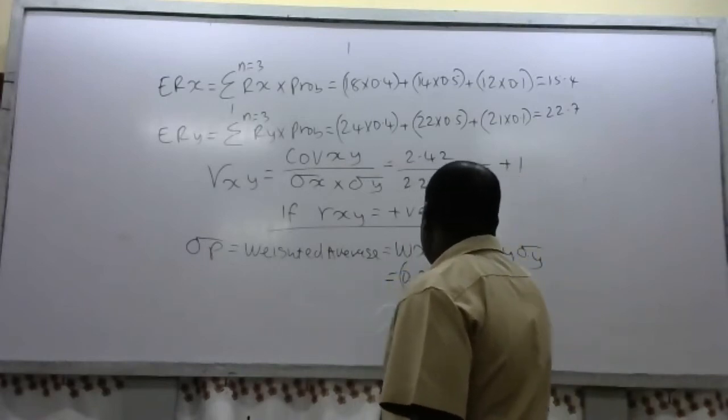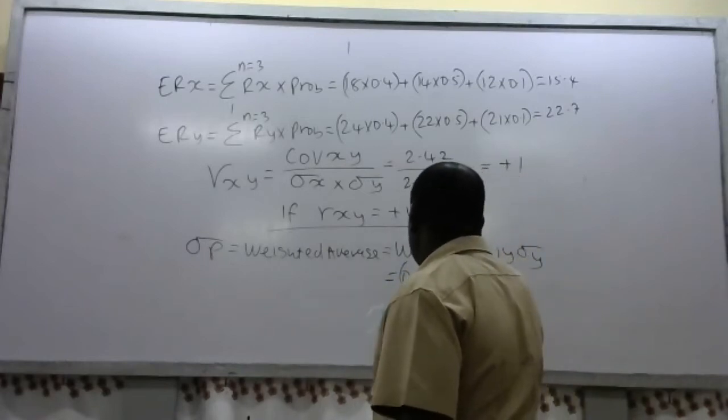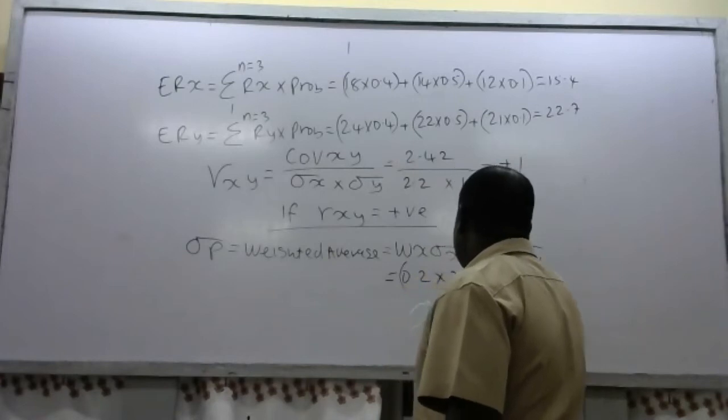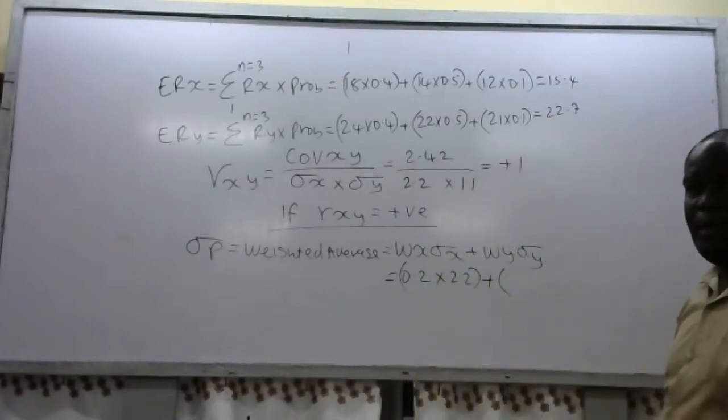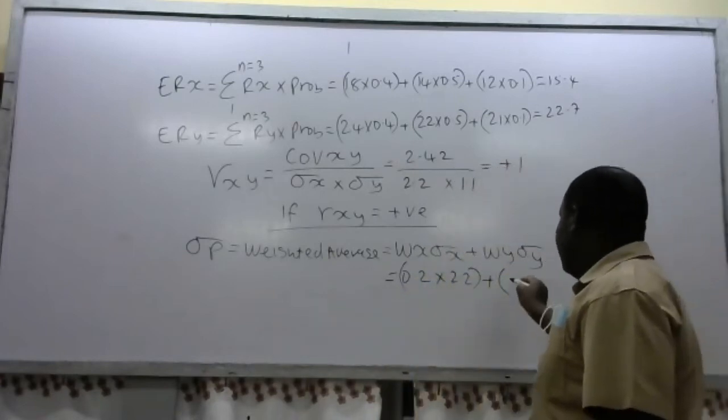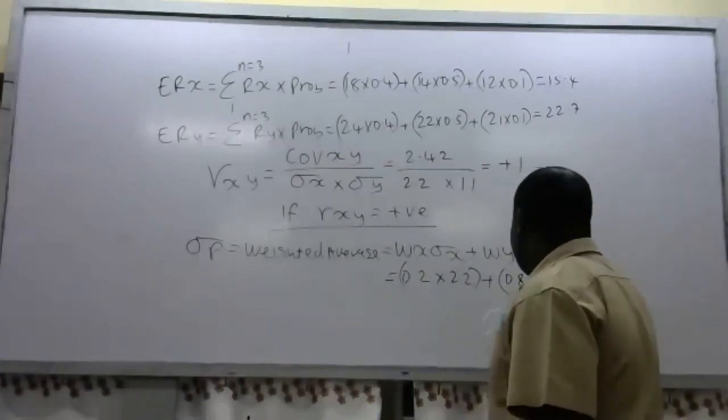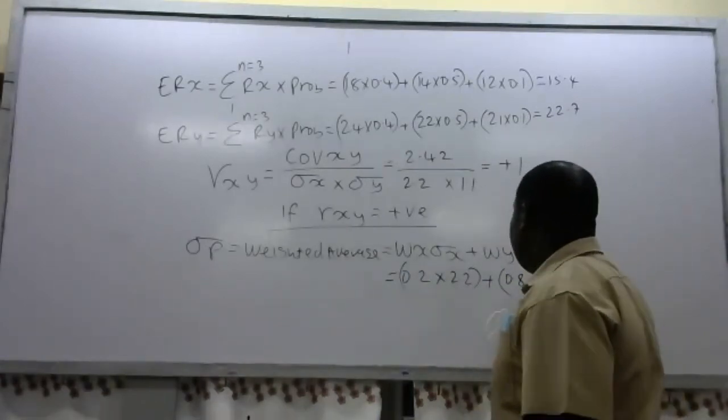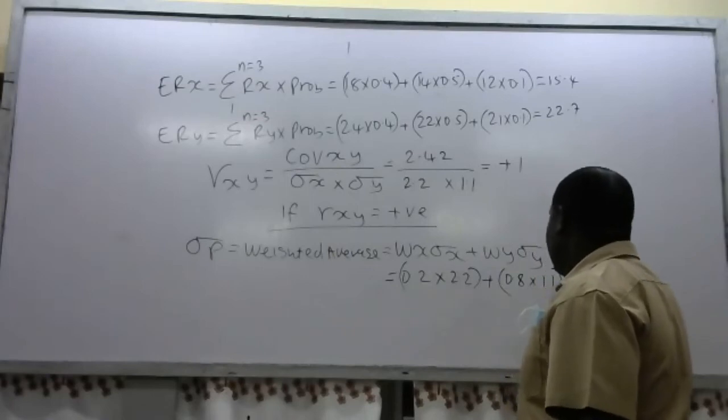So the standard deviation for X is what you have up there as 2.2. The weight for Y is 0.8, and the standard deviation for Y is 1.1.